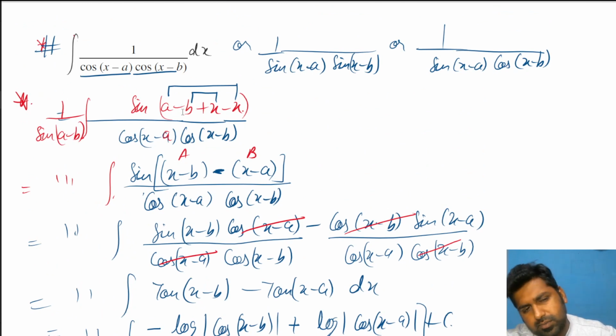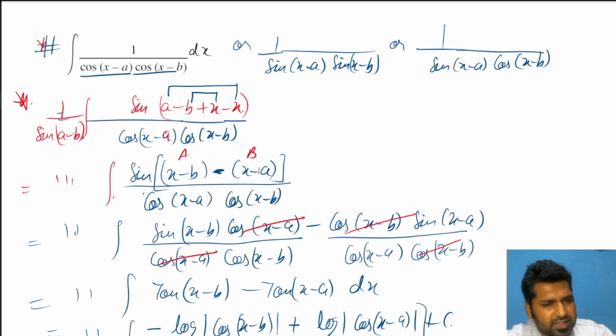I'll repeat the key steps. You multiply this with, first of all, sine(a minus b) in the numerator, then adjust in the denominator sine(a minus b), then forcibly add x and subtract x to make the expression still the same. Combine minus b with x, so that is x minus b. Combine minus x with a, but take negative common, it becomes x minus a.